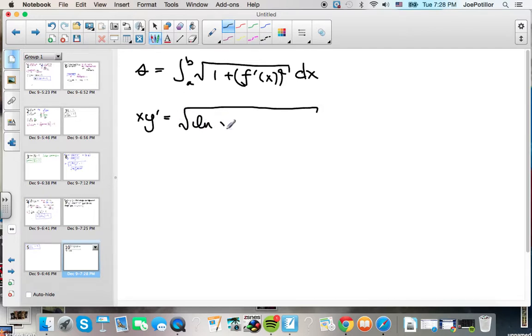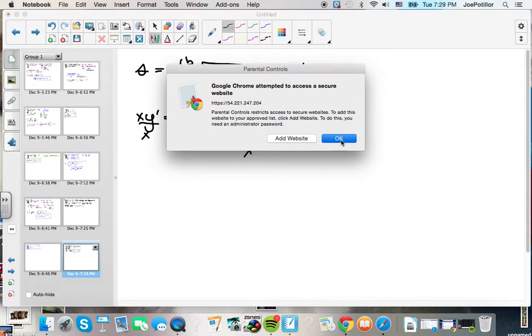Of ln of x squared minus x squared. So let's solve for y prime. We divide by x, so this is our algebra here.